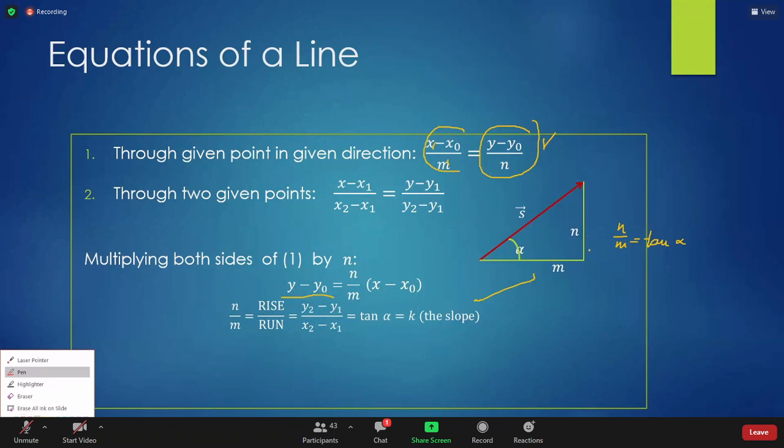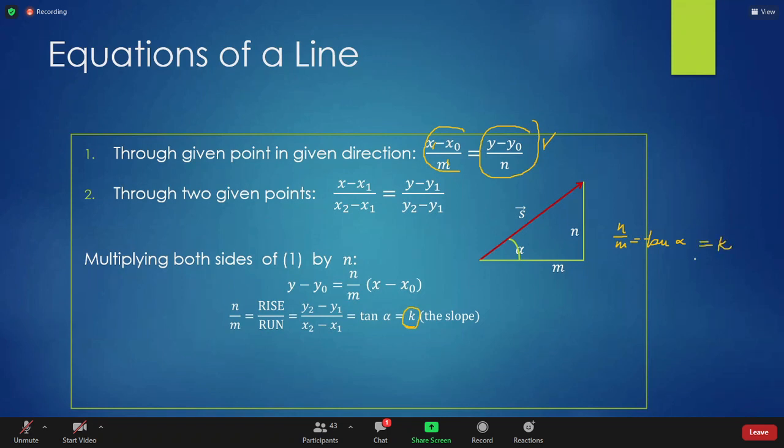So in principle, when we discuss this rise over run in elementary mathematics, this is directly connected to what we have there. Yes, it's the tangent. And if we simply rename it k, so instead of writing n over m, we say let's call it k, here we see how the slope is rise over run.